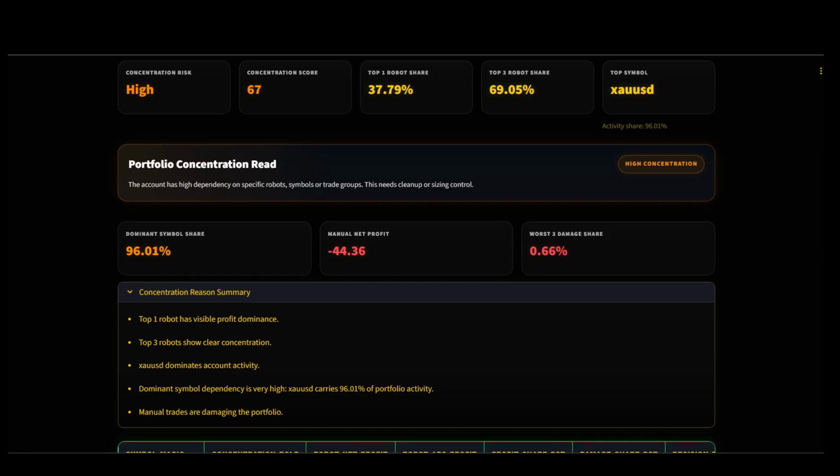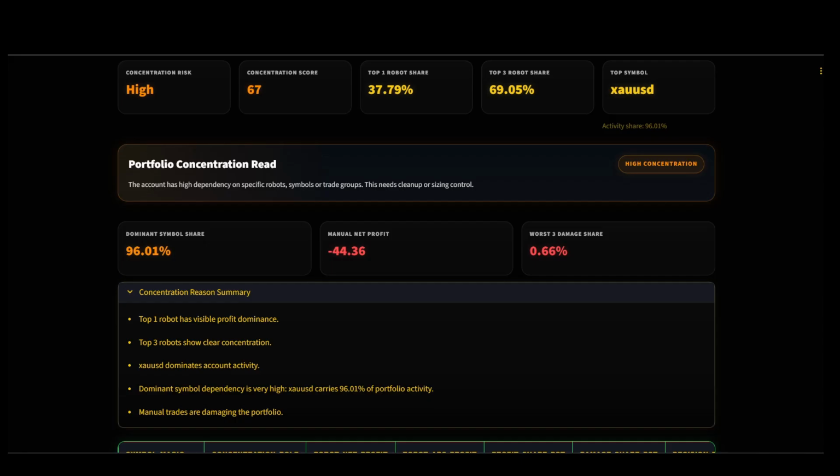Then the workflow pushes even deeper into the dominant symbol dependency itself. And here the system explicitly shows that XAUUSD carries an overwhelming share of total portfolio activity, meaning the account is no longer behaving like a broadly diversified multi-strategy basket. Instead, the portfolio becomes highly dependent on one dominant market environment continuing to behave favorably. And the framework also detects another important structural issue: manual trading damage.